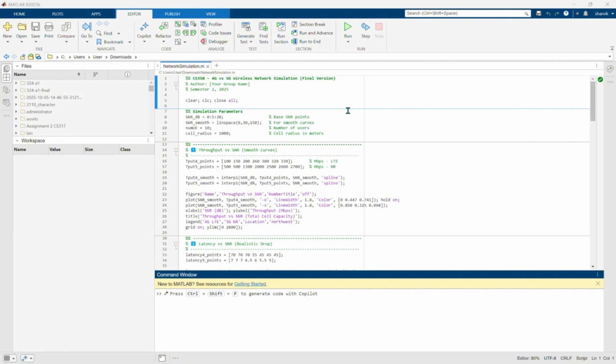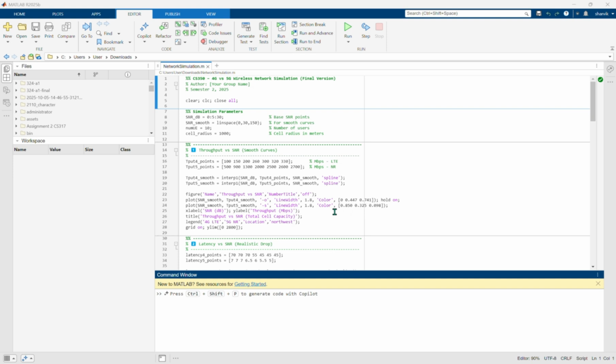To begin with, let me explain how the MATLAB code was structured. The simulation is divided into several parts, each corresponding to a different analysis. First, we define our simulation parameters. We set the SNR range from 0 to 30 decibels, representing weak to strong signal conditions that we experience.